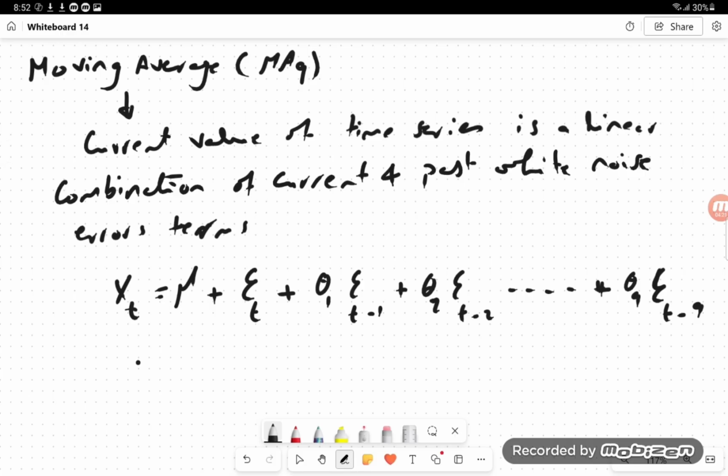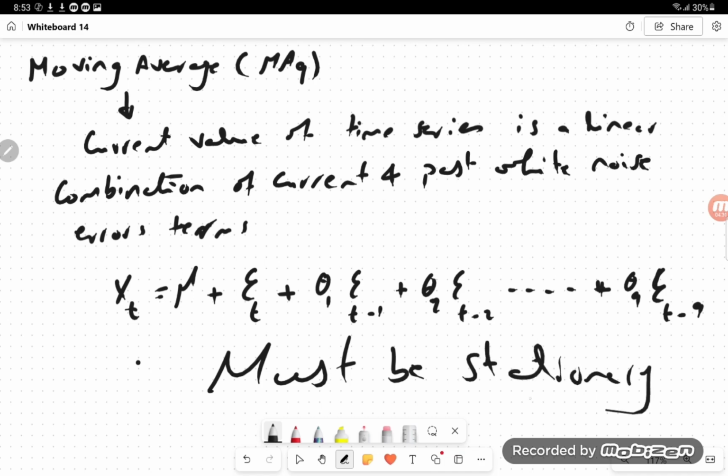The MA model must be stationary. It can't be non-stationary. This is the opposite of AR. For AR, we said that it can be stationary or non-stationary. What about how to determine that this is an MA model and the order q?